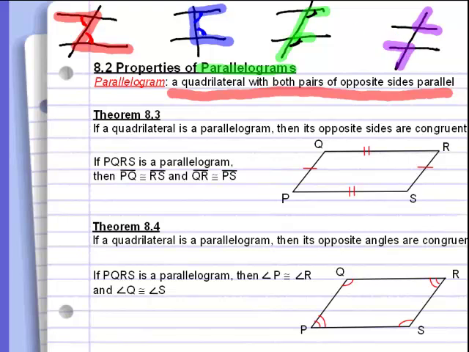And I hope that all of these you are able to identify and able to tell me the properties of. For example, these two angles are called alternate interior angles. And do you remember what they have in common? Well, they are congruent.